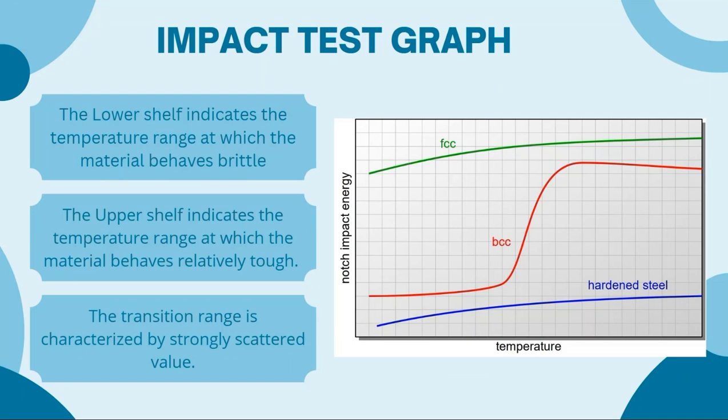It shows the lower shelf indicates the temperature range at which the material behaves brittle, and the upper shelf indicates the temperature range at which the material behaves relatively tough. And the transition range is characterized by strongly scattered values, as you can see in the picture.